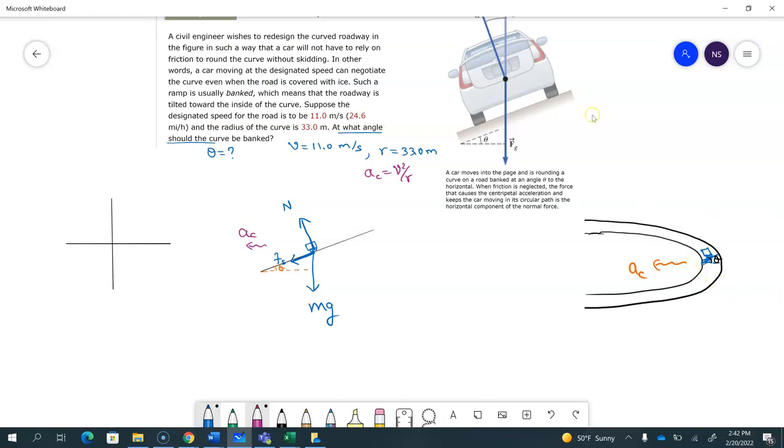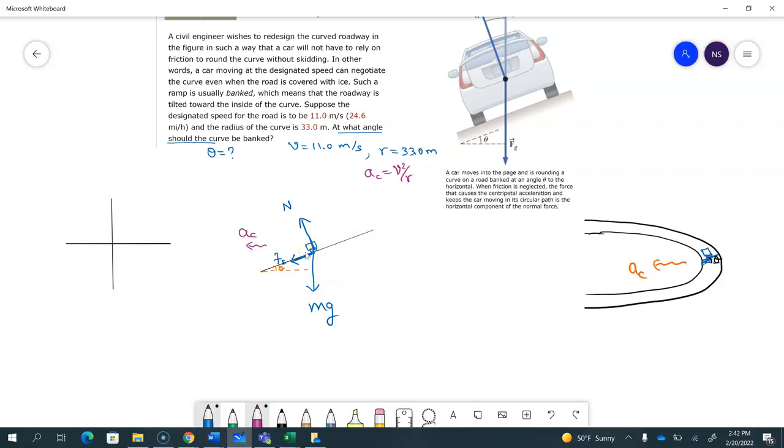While the car may be on a banked incline like that, it's making a horizontal circle, right? So the acceleration is in the horizontal plane to the left. Okay, and if you remember with our earlier inclined plane problems, we rotated the xy axes so that one of them was along the incline and one was perpendicular.